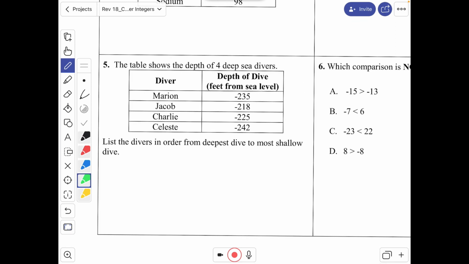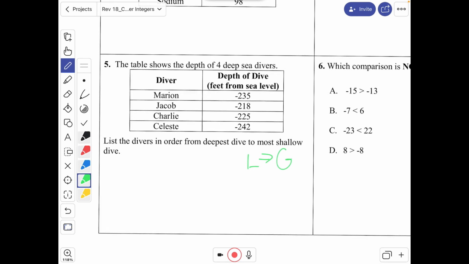It says list the divers in order from deepest dive to most shallow dive. Well, the farther you go down under the water, you're going below sea level. That's a negative. So the deepest would be the least. So we're ordering those from least to greatest.